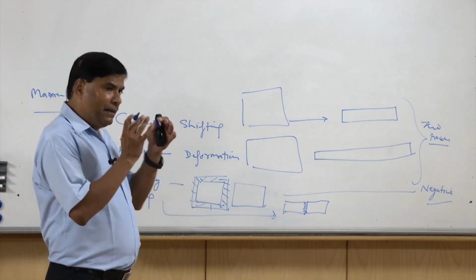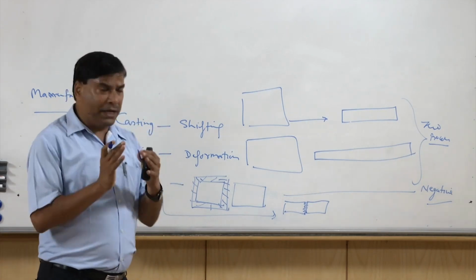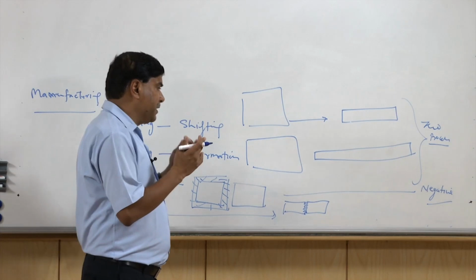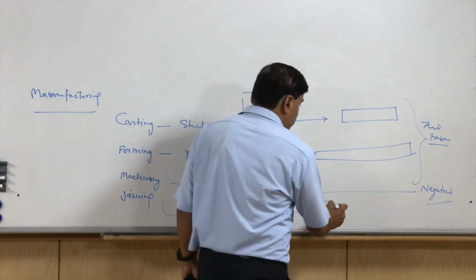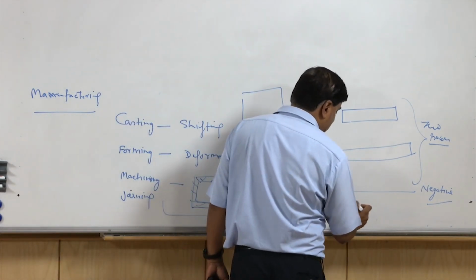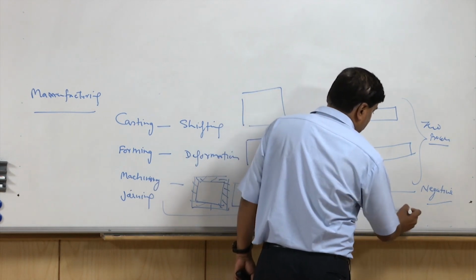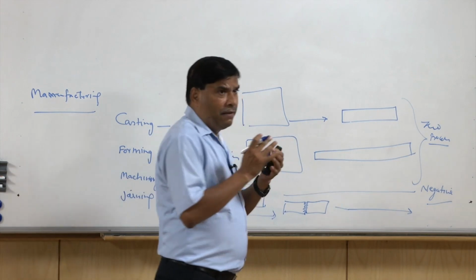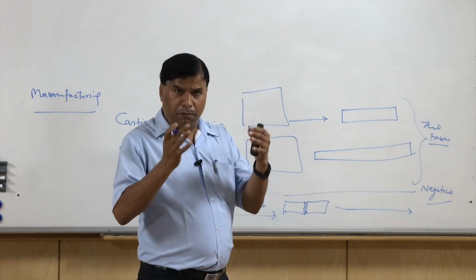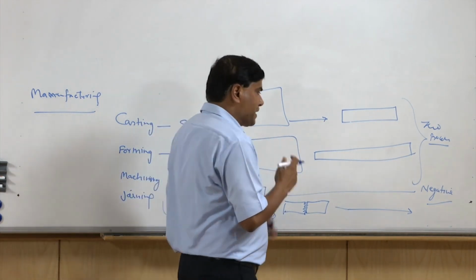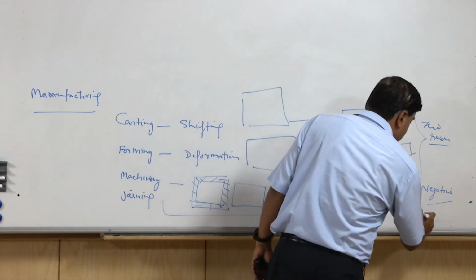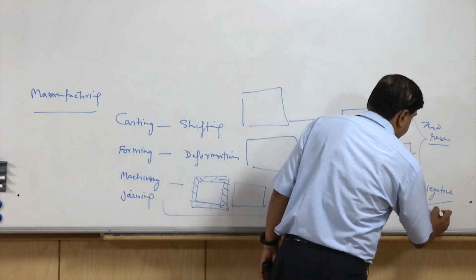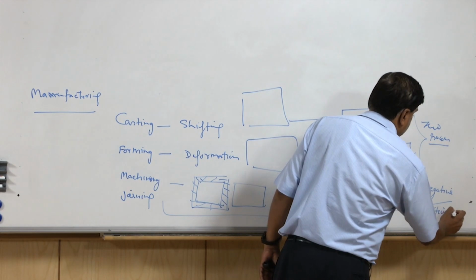This is an addition process where two or more components are brought together to achieve the desired size and shape. That is why these are called positive processes.